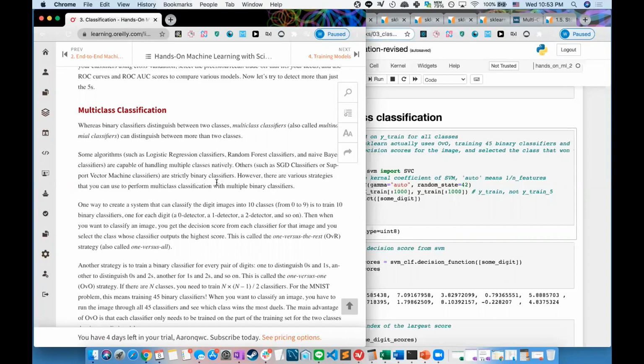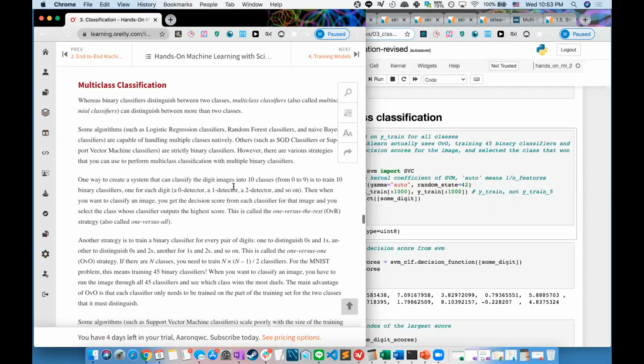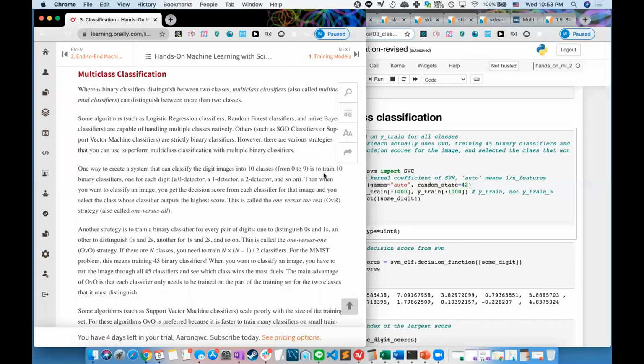However, there are various strategies that you can use to perform multi-class classification with multiple binary classifiers. One way to create a system that can classify the digit images into 10 classes from 0 to 9 is to train 10 binary classifiers, one for each digit: a 0 detector, a 1 detector, a 2 detector, and so on.